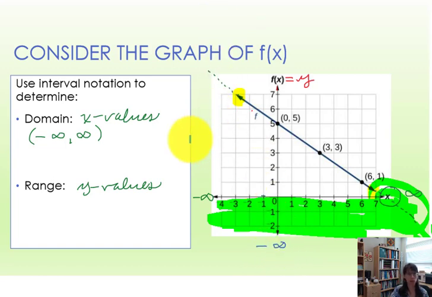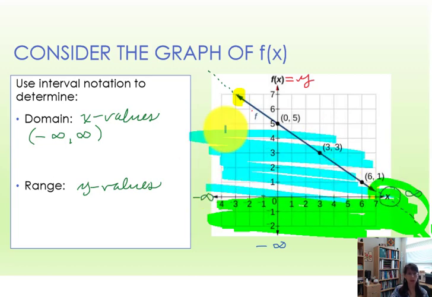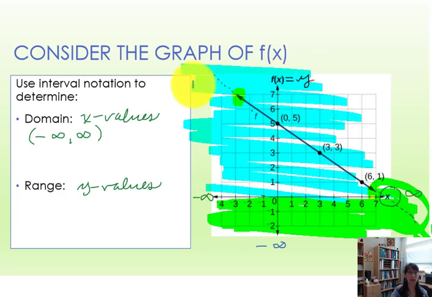When we consider positive y values, that's everything here above the x-axis. Again, this line is continuing forever, and that would be to positive infinity for the y values. So you'll notice with this particular line that the range and the domain are both the same. The only time we would not have the same domain and range for straight lines is if we're dealing with special cases of vertical or horizontal lines.